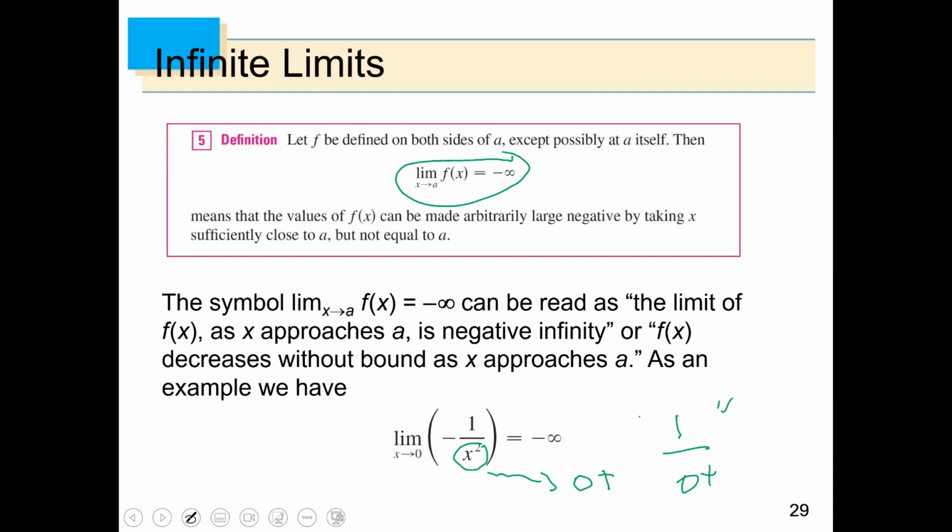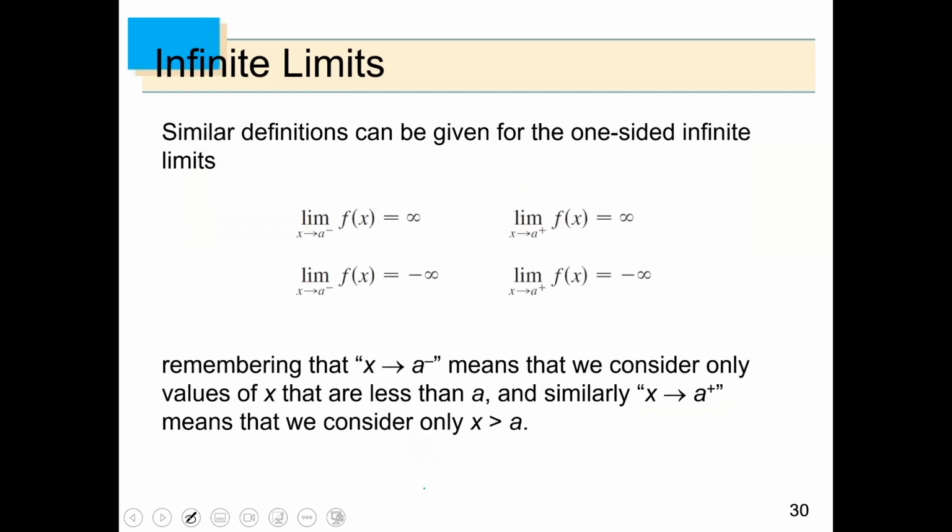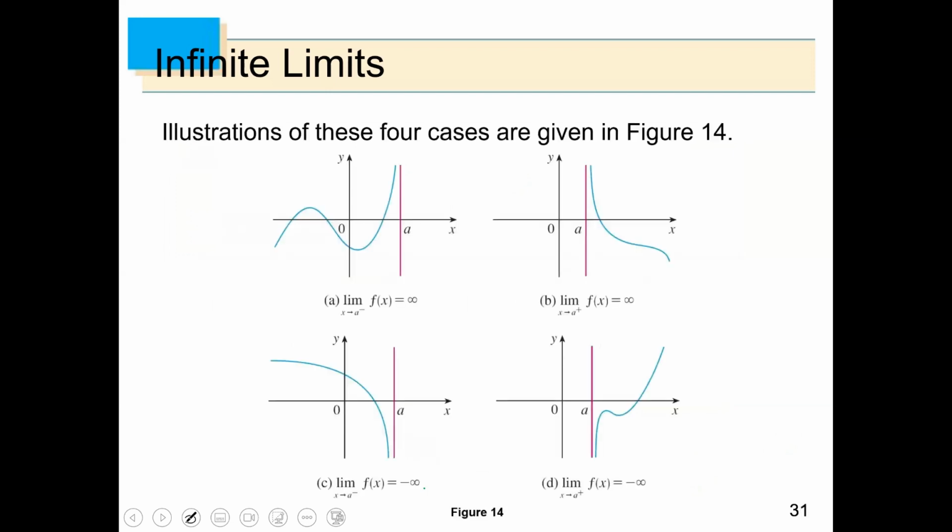With the minus, it's minus infinity. That's why this limit is equal to minus infinity. A similar definition holds for the one-sided infinite limits. For a minus and a plus, it can be plus or minus infinity. Same rule, and here is some illustration.